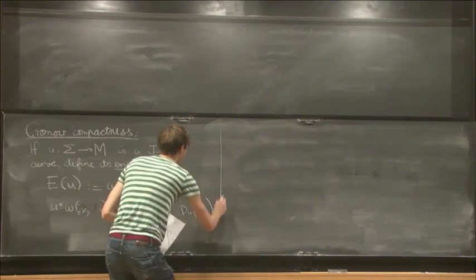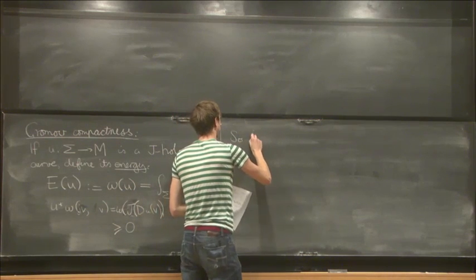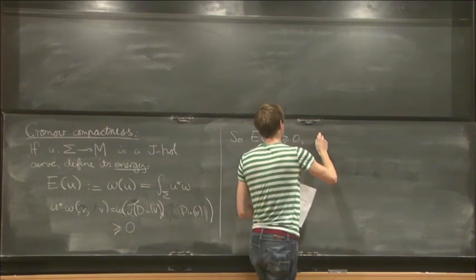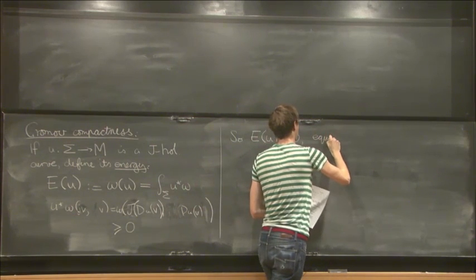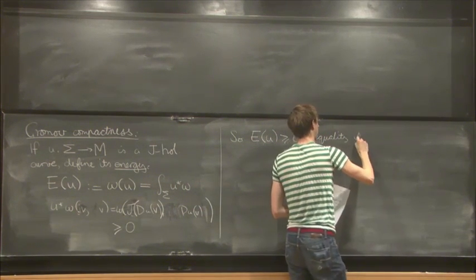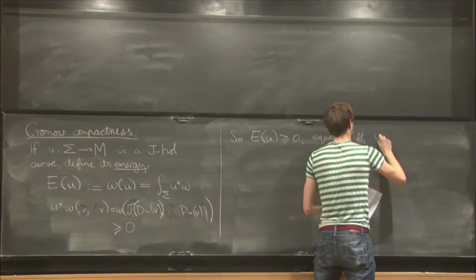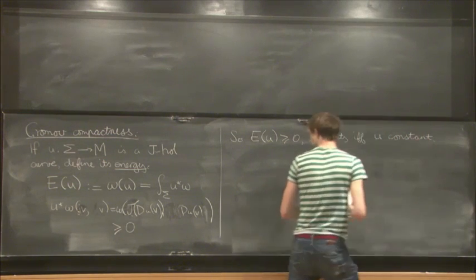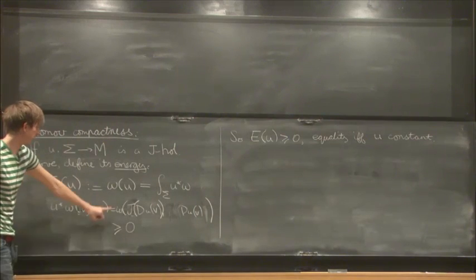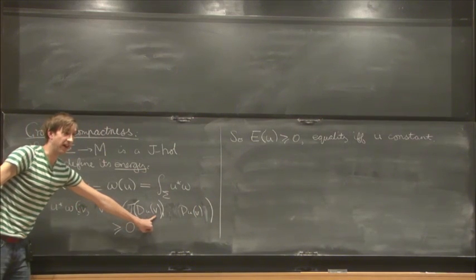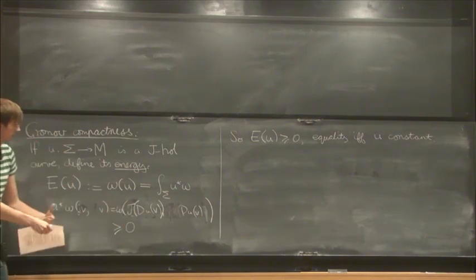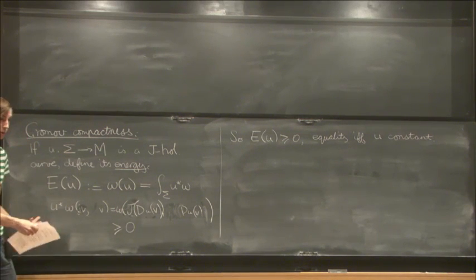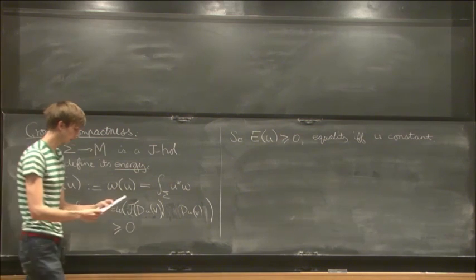So this energy is always greater than or equal to 0, with equality if and only if du of v vanishes over the whole of sigma, so this map u is constant. Okay?